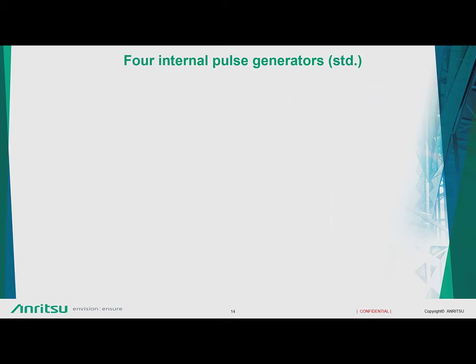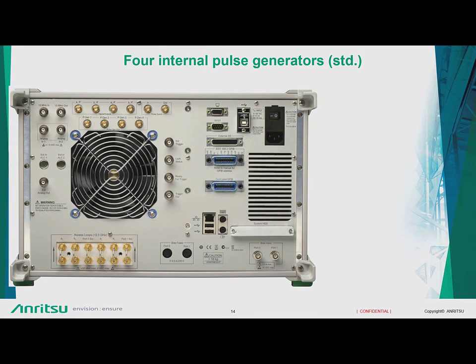Now when you want to drive or test your DUTs with a pulse system, of course you will need pulse generators, right? So in our VectorStar, which is the highest performance vector network analyzer that Anritsu has, you can see that there are 4 pulse generators: PG1, PG2, PG3 and PG4.